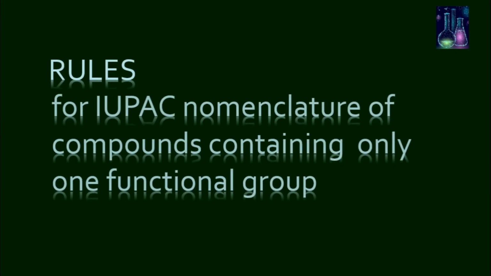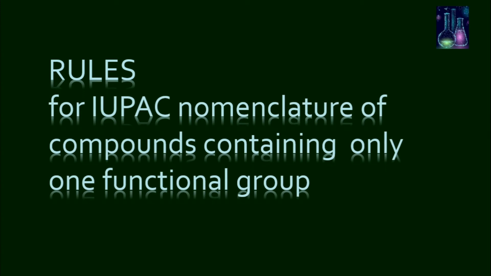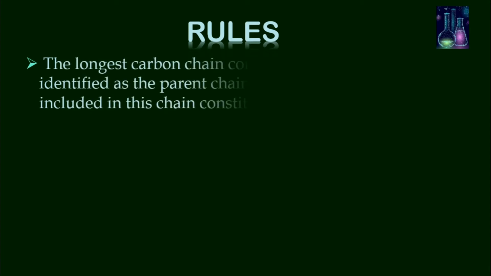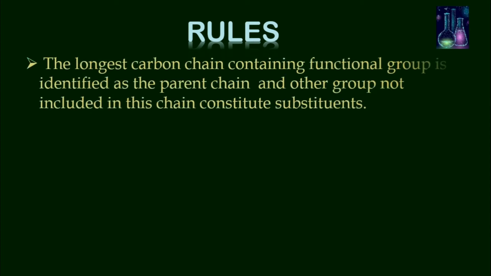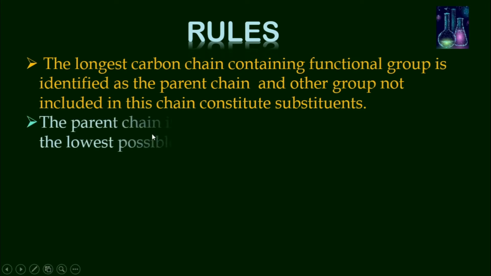The next: rules for IUPAC nomenclature of compounds containing only one functional group. Rule number 1. The longest carbon chain containing the functional group is identified as the parent chain, and other groups not included in the chain constitute substituents.